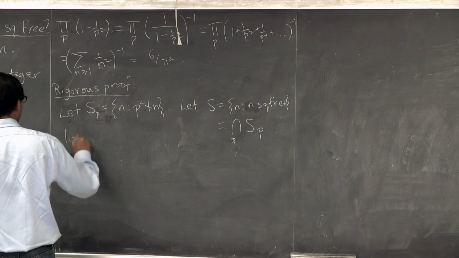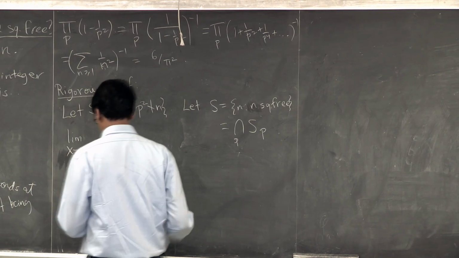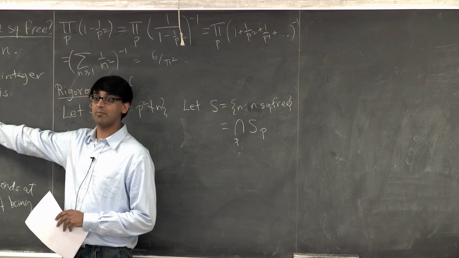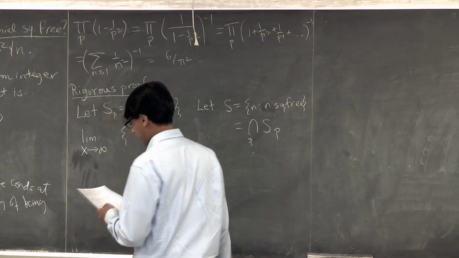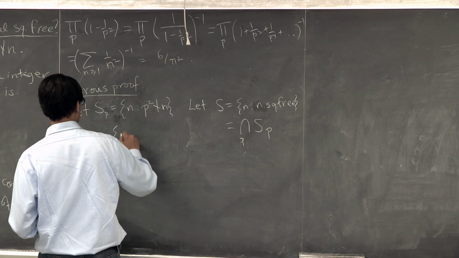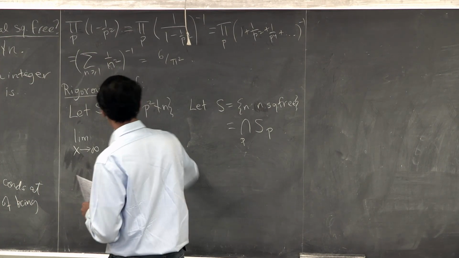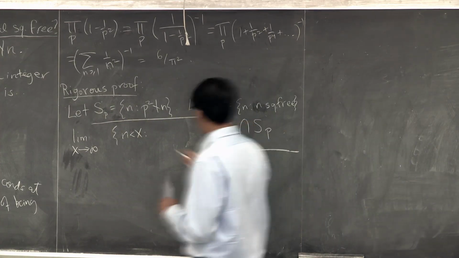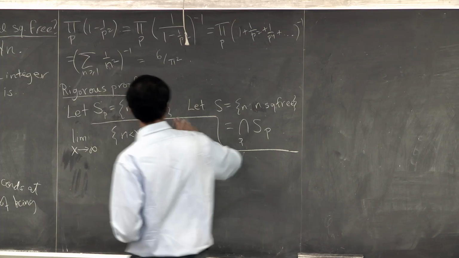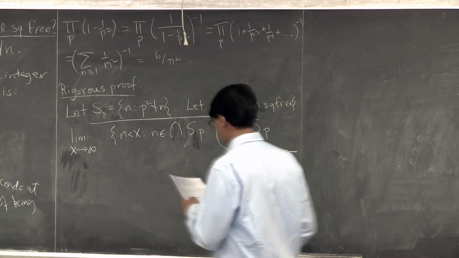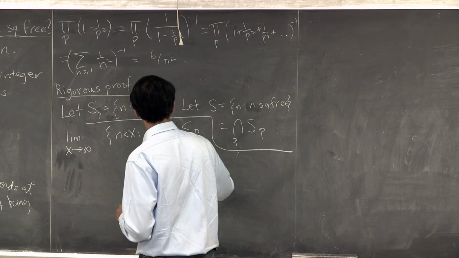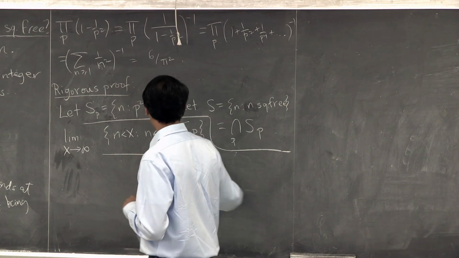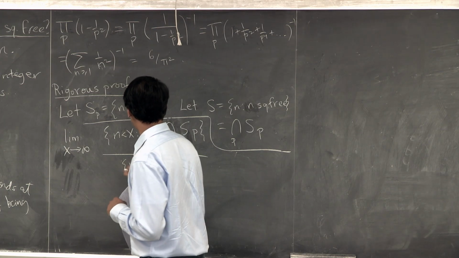So if we take, say, the limit as x goes to infinity of, so instead of taking this, we'll just insist that n is square free for all primes less than some bound, say M. So we'll take all n less than x such that n is in the intersection of S_p for all p less than M, and we'll divide that by the set of all n less than x.